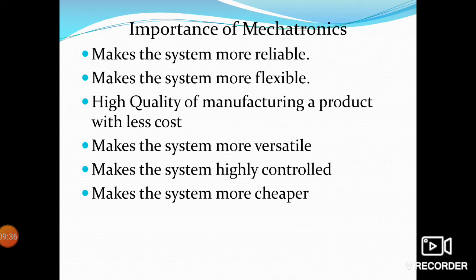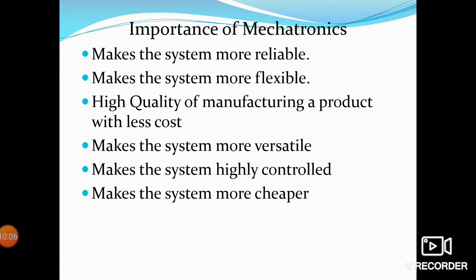That is very, very important. We can go for flexibility. That means whatever changes we require in production or in any process, it is possible to go for that. The next one, very important, is high quality of manufacturing a product with less cost. As far as the application of mechatronics is concerned, you are going to achieve high quality of manufacturing because we have put it into automation. There is no question of rejection of the product.